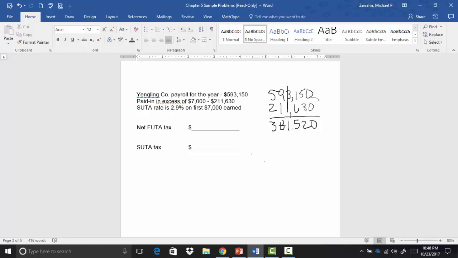Going to take that 381,520 times 0.006. So my FUTA is $2,289.12. Take that same 381,520 and multiply it by my state tax rate, 0.029. That gives me a state tax of $11,064.08.